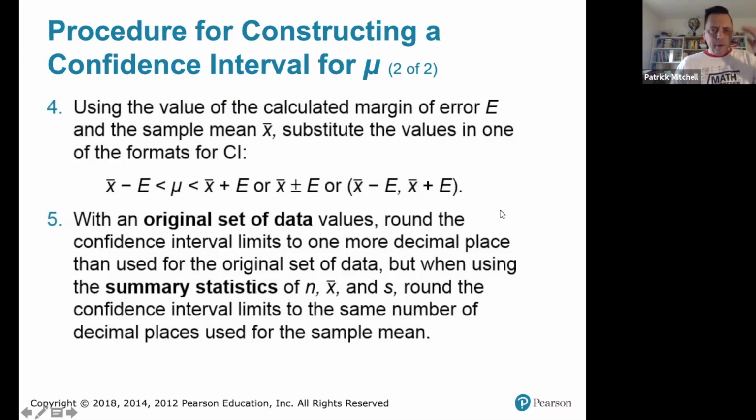And then again, if you have an original set of data values, round the confidence interval limits to 1 more decimal place than is in the original set of data. But if you're using summary statistics, round the confidence interval limits to the same number of places as the sample mean.